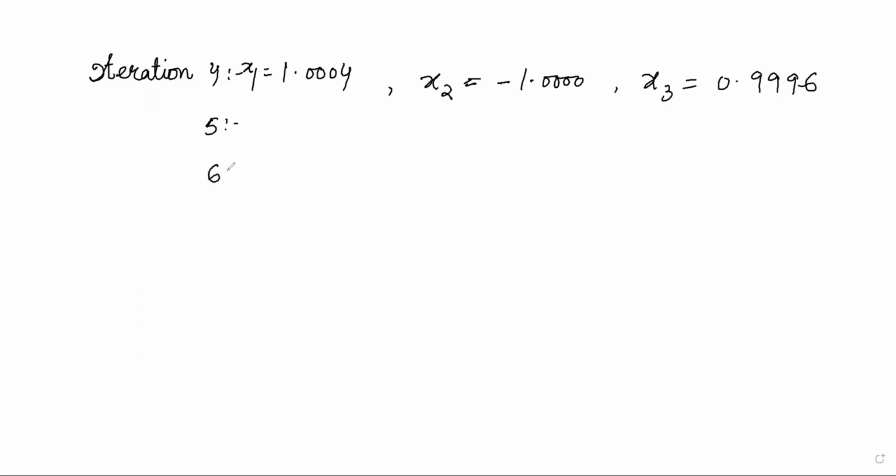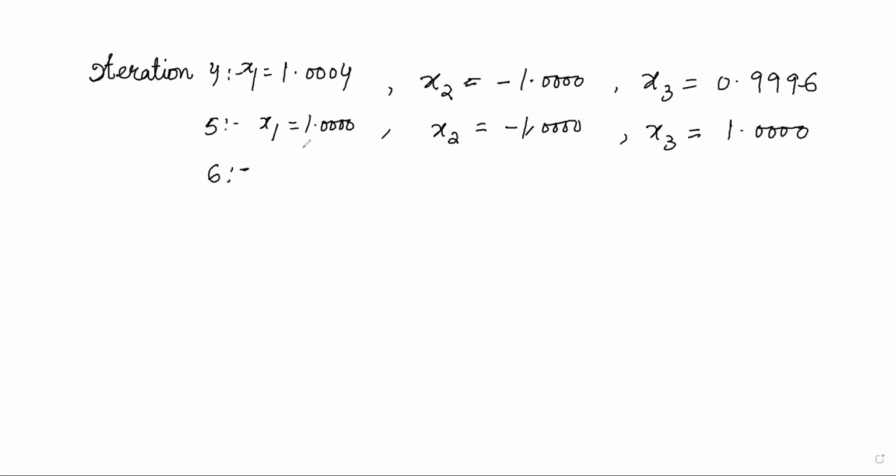Then we'll go to our iteration 6. In iteration 5, you will find the value of x1 is equal to 1.0000, the value of x2 is minus 1.0000, and the value of x3 is 1.0000.